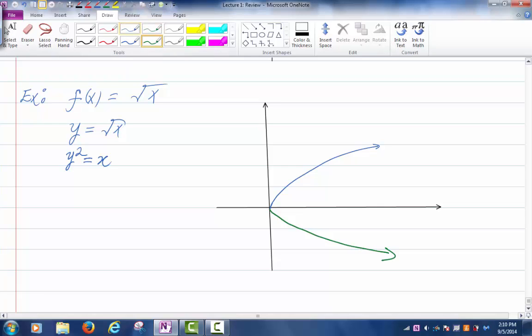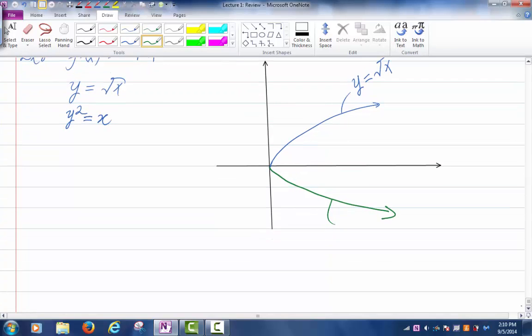Now the blue part is basically the graph of the positive root of x. So from the equation y squared equals x, if you solve for y, you get plus or minus root x. Okay, so the other side is the graph of negative root x.